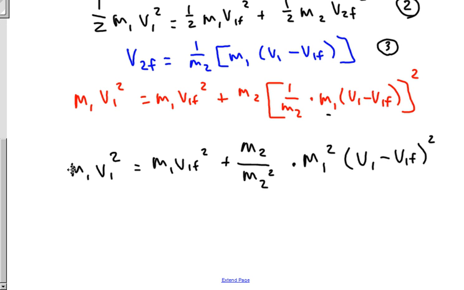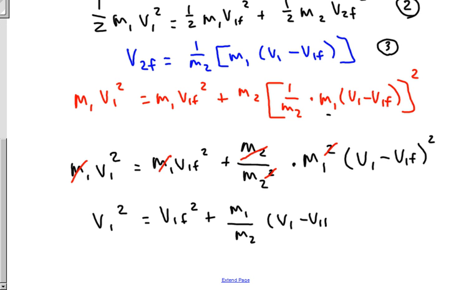We have a number of m1s that we can cancel out, this one here, and one of these here. We can cancel out the squared for the m2 and leave this here, so we're left with the following. v1 squared is equal to v1 final squared plus m1 over m2 times v1 minus v1 final squared.